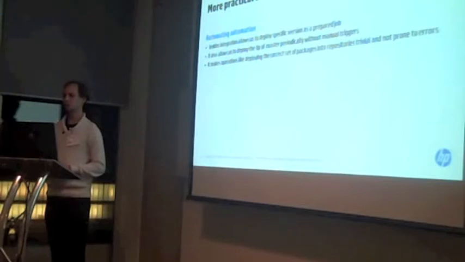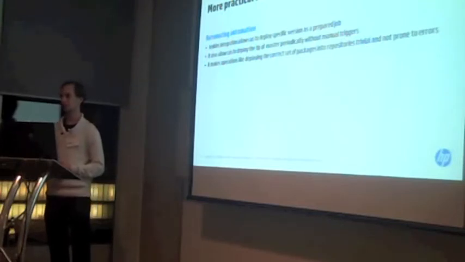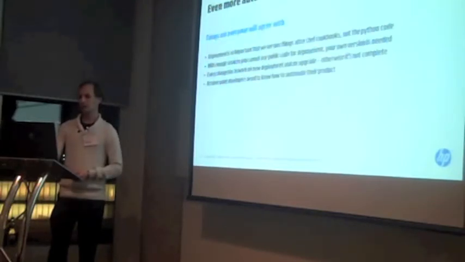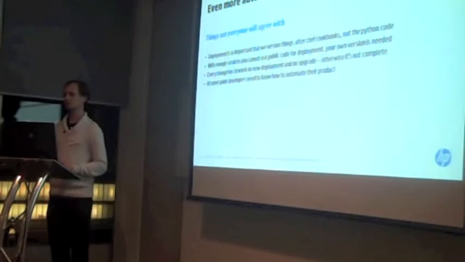So deploying the updated packages becomes just the same for developers as it is for the next layer. And in some cases, you could debate whether that's the right way to do it or not, but there are also some choices we made.